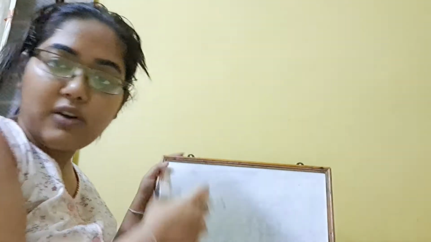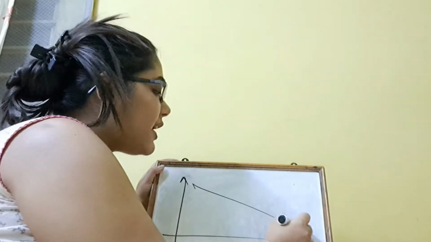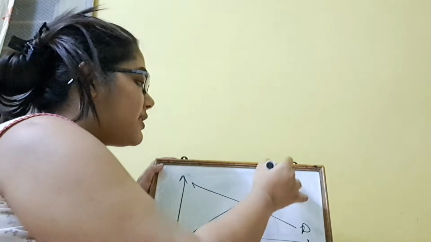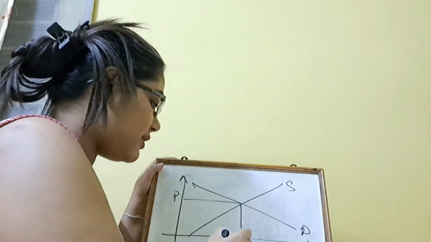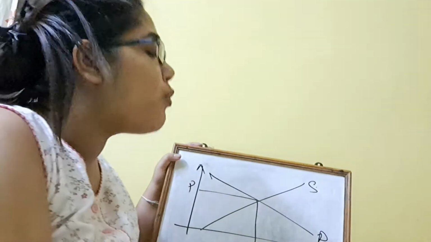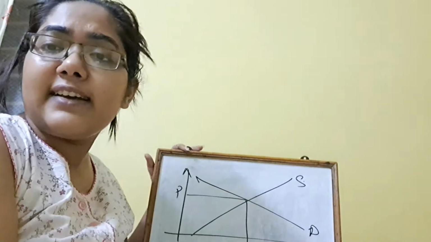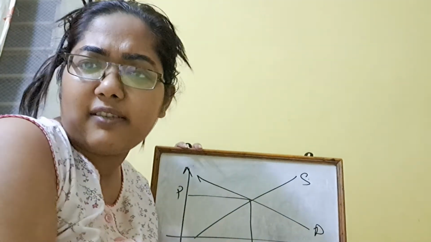Let us consider an ice cream market. Alright, this is the demand of the ice cream, this is the supply of the ice cream, this is the price, this is the quantity. Alright, now what has happened? Say that government feels that this equilibrium price is too high.